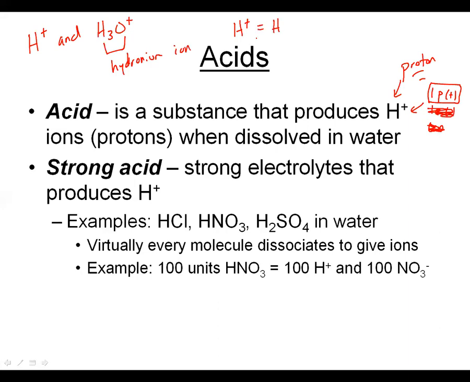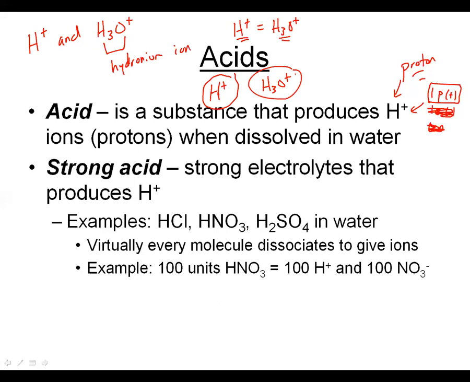And you will see people use one or the other, both in chemical equations and also formulas. I personally will probably use H plus most of the time. So wherever I put H plus in a formula or in an equation, you could replace it with H3O plus, which is again basically the exact same thing.